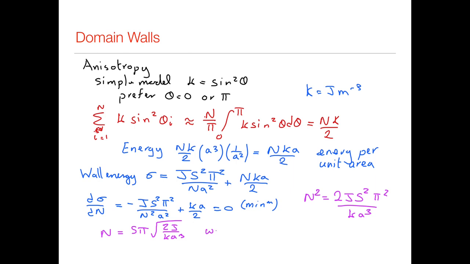And the width of the wall will just equal n times a, because n is the number of sites, and a is the space in between the sites. In other words, this is just going to be pi S times the square root of 2J over K a.